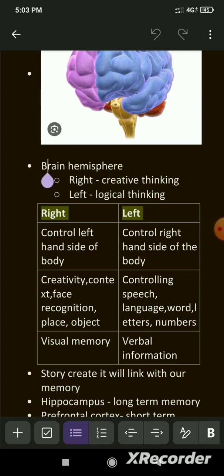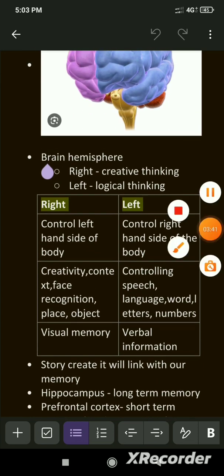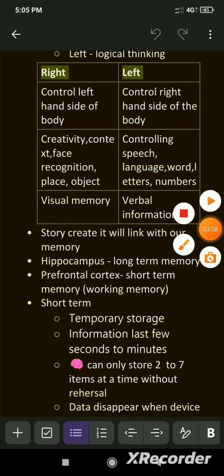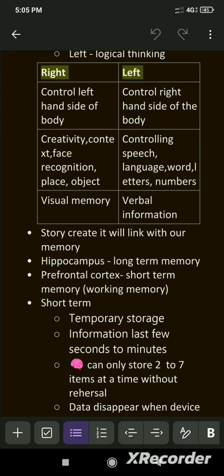The left side, as we mentioned, is for logical thinking, so it controls logical items like speech and language, and reciting words, names, letters and numbers. Visual memory is linked with the right side of the brain, and verbal information with the left.